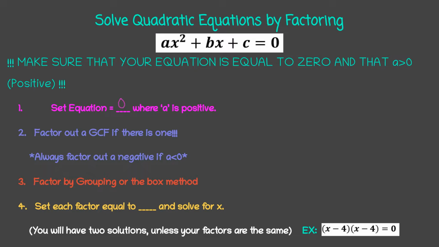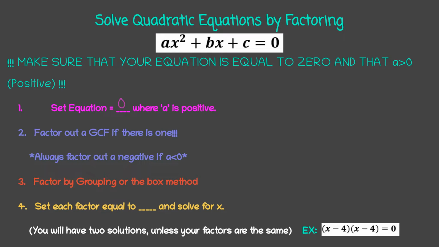After you factor out the GCF, make sure that you look for any factoring by grouping or the box method. In other words, if you factored out a GCF and you still have a trinomial left over, or a binomial that has a squared term, then you're probably going to need to use grouping, the box method, or the patterns.